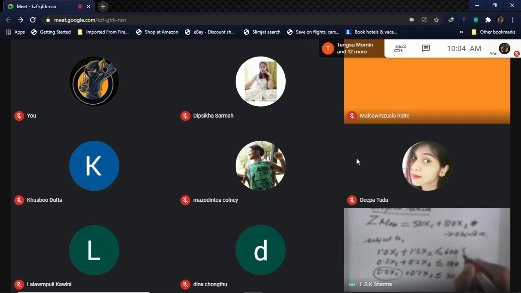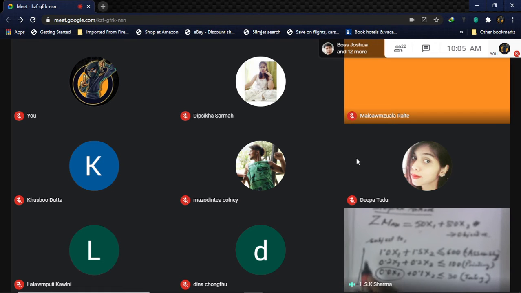So this is what we call the assembly constraint. The next one was the painting constraint, and the third one is your testing constraint. So these three are the constraints.